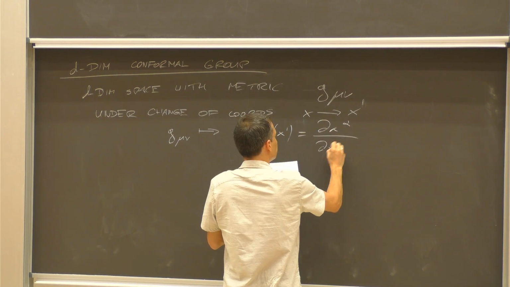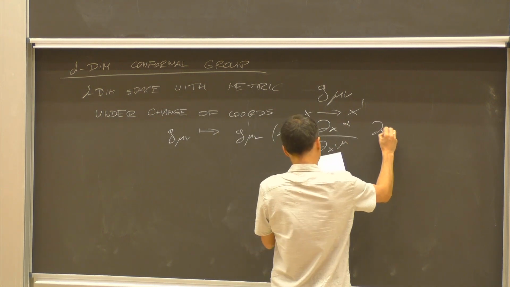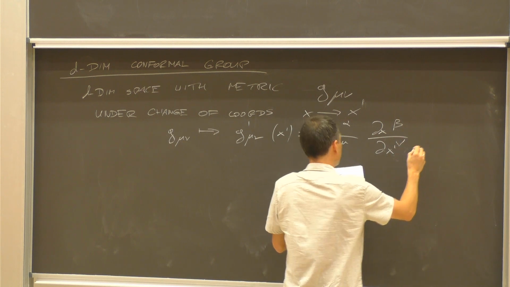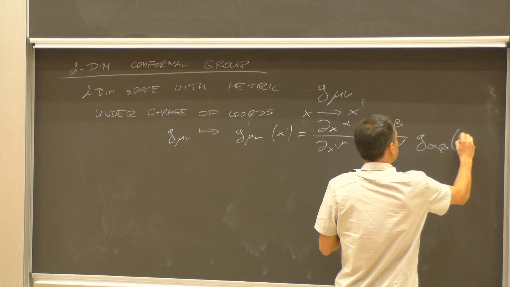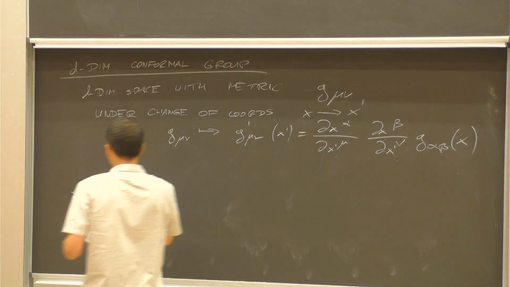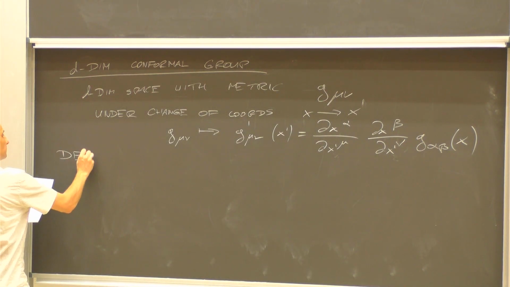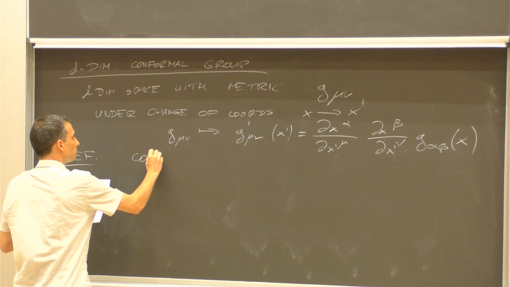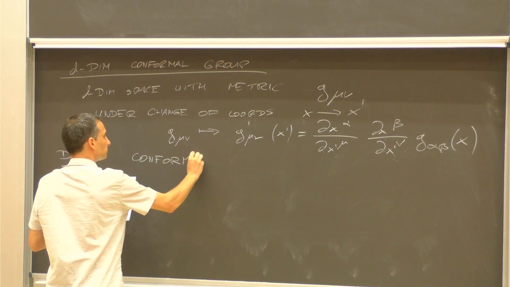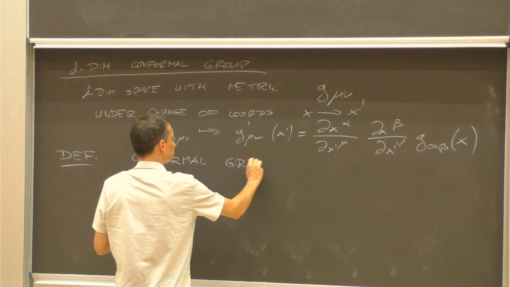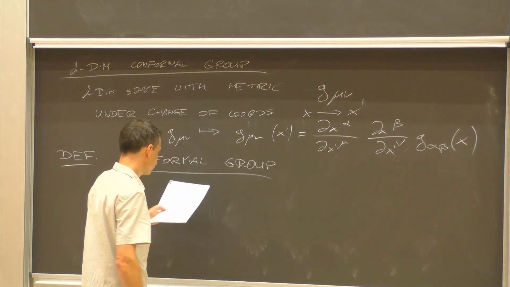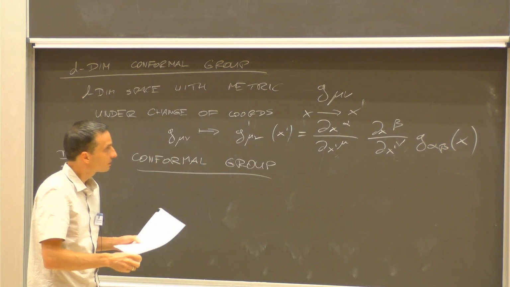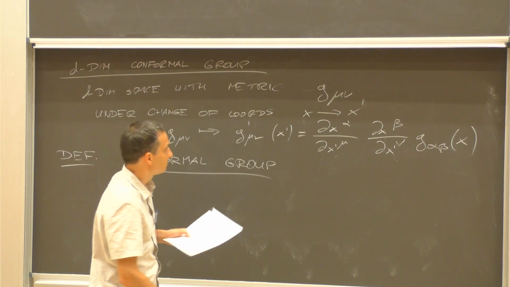So let me write it. And then I will define the conformal group as a subgroup of coordinate transformations which leave the metric invariant up to a scale factor.